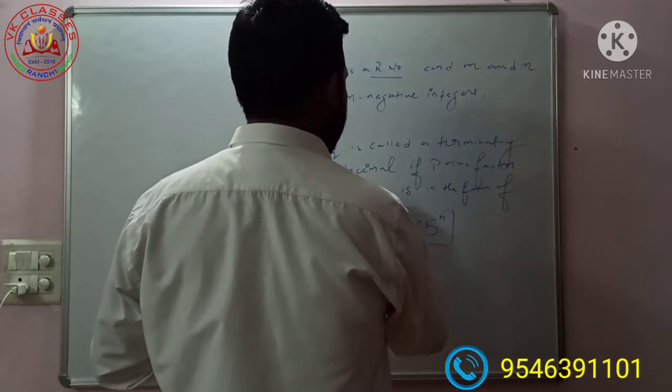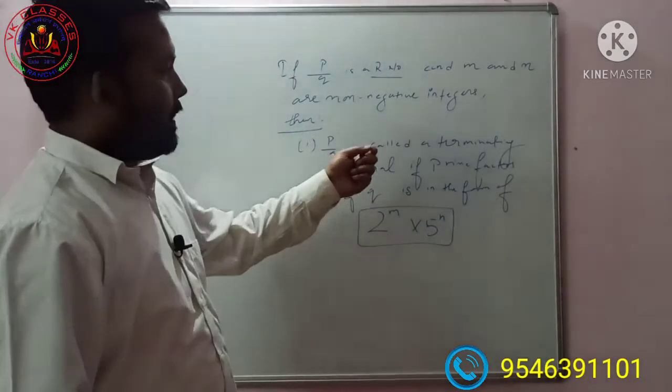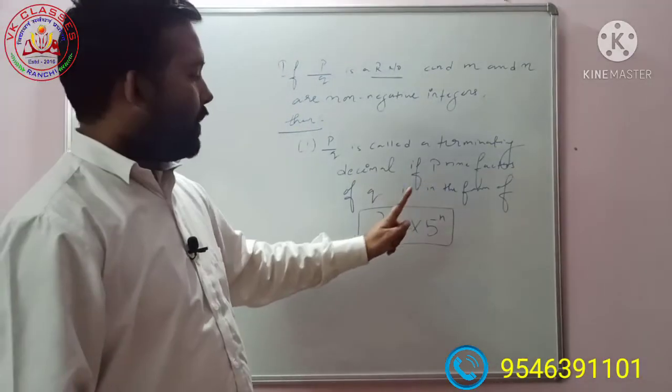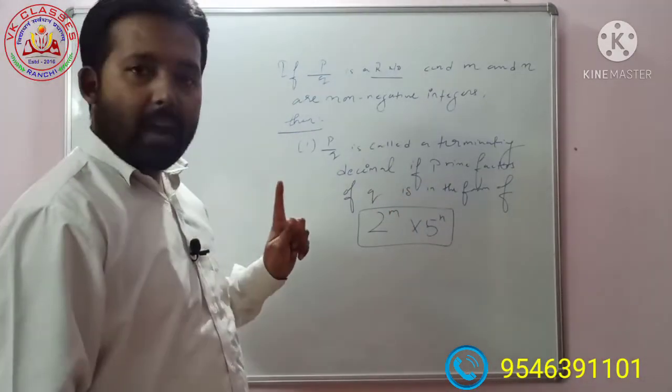This is important. P by q is called a terminating decimal if the prime factor of q, that is the denominator, is in the form of 2 to the power m into 5 to the power n.